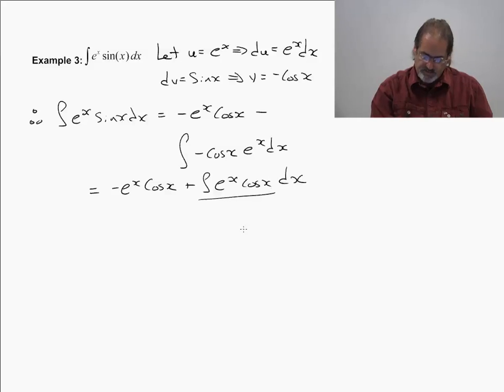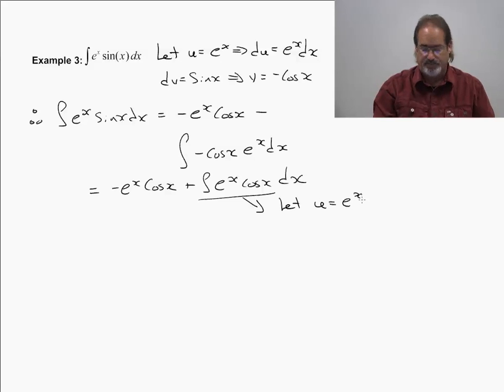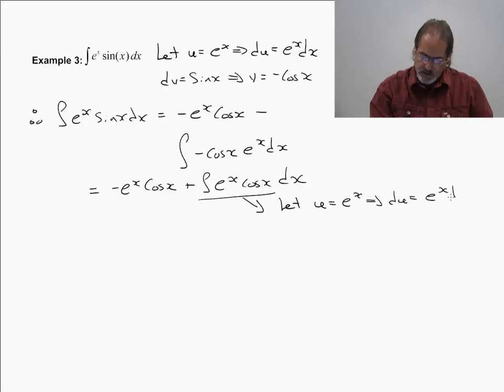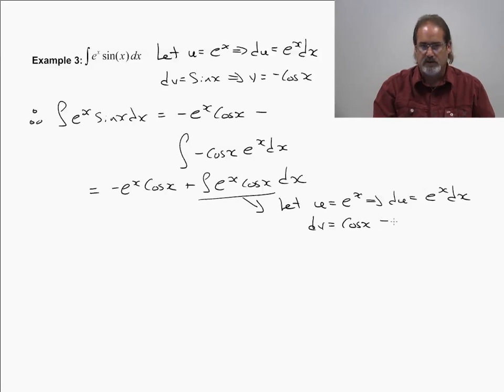So for just this piece, I'm going to once again let u equal e to the x, then du equals e to the x dx. That means that dv will be cosine of x, which implies that v, the integral of cosine, is simply sine x.